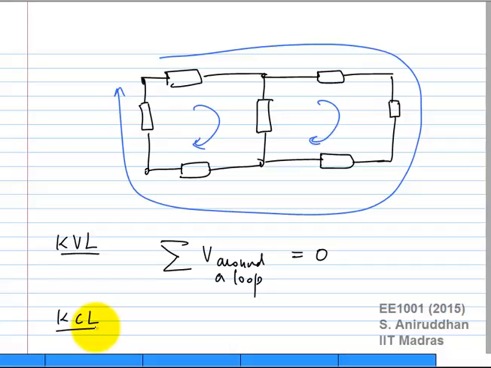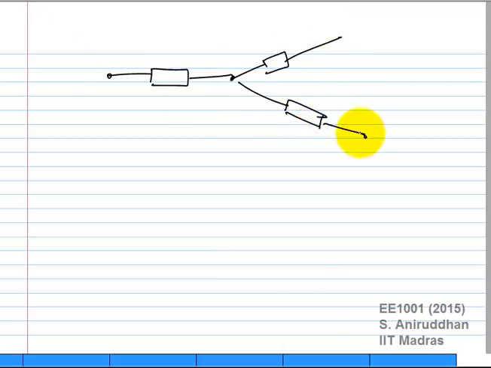We can apply the same thing to a node. So I'll take an example. Let us say I take 3 elements connected together at one node.